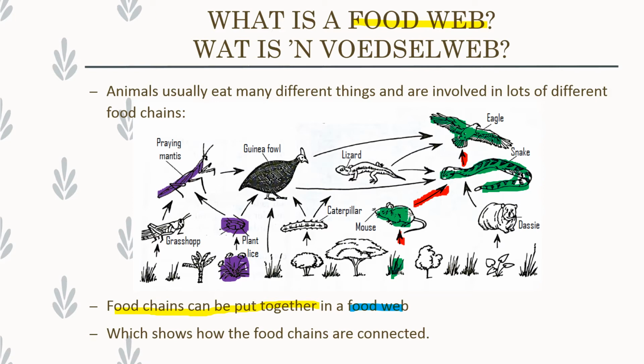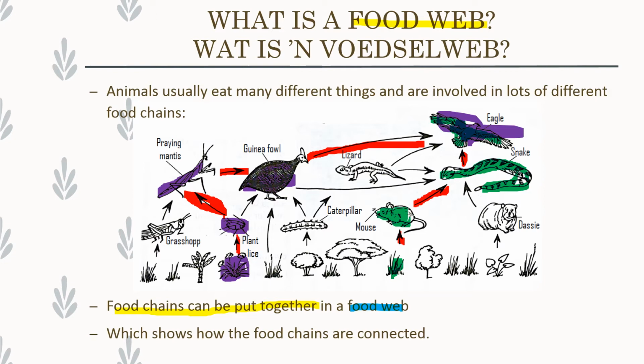There's a praying mantis that can eat the plant lice, and then the guinea fowl will eat the praying mantis. So this food chain can go in that direction, and then we can have an eagle that will eat the guinea fowl. So there are many interlinked food chains, and this shows you what an ecosystem looks like.